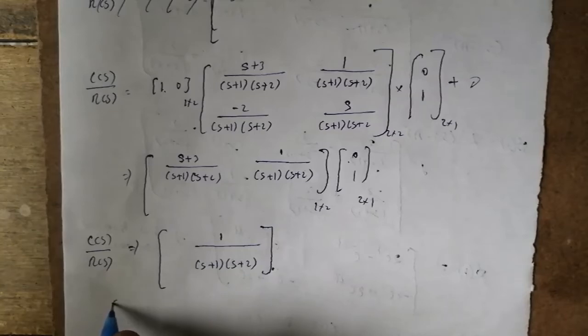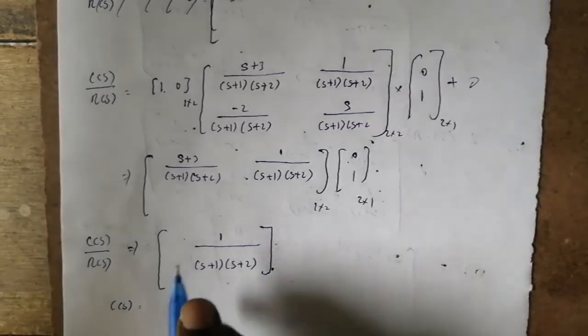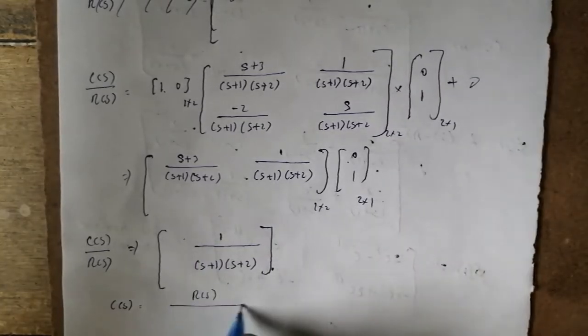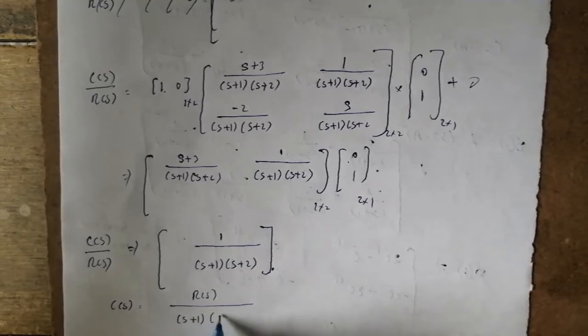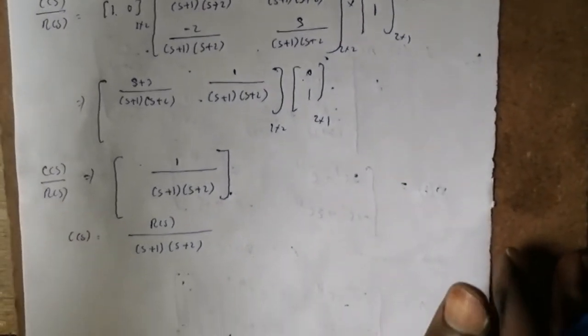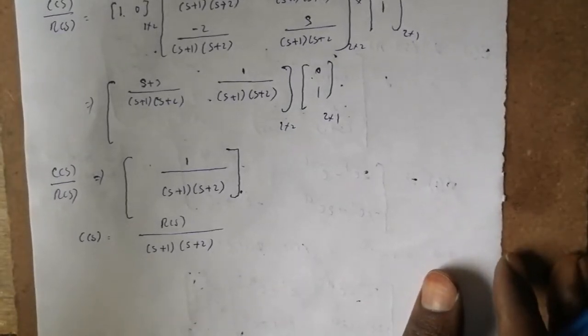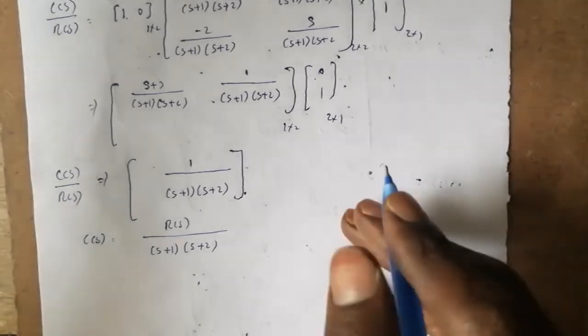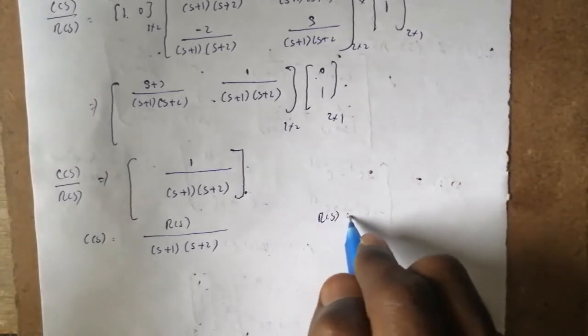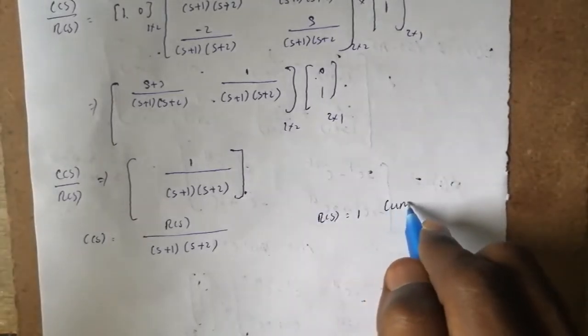So from this I can write C(s) equals R(s) into 1 divided by (s plus 1)(s plus 2). In this problem they mentioned clearly, find the response when the input is a unit step input using the given state model equation. So here R(s) is 1/s because we have a unit step input.